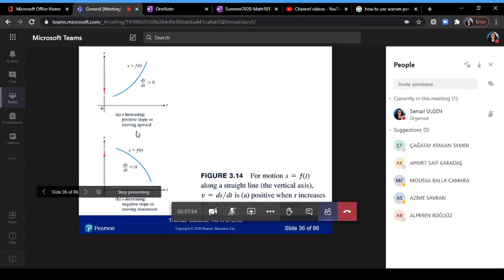All right, positive slope, so moving upward. If there's a negative slope, which means velocity is negative, what does it mean? Velocity is negative, you are moving in the opposite direction, right?